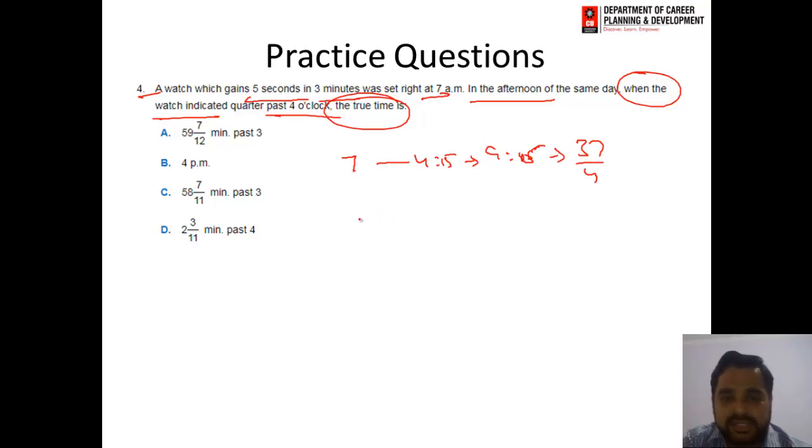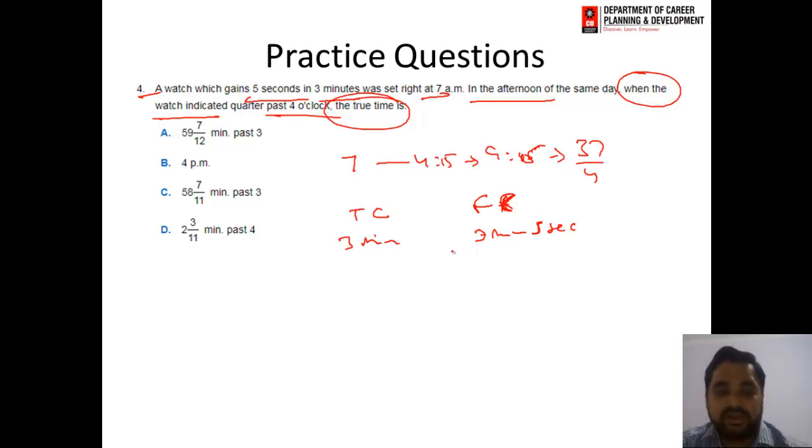But as per the question, here we have the true clock, here we have the false clock. So if in the true clock there is a time of 3 minutes, then in the false clock the time is 3 minutes 5 seconds. If we convert 3 minutes into hours, we have 3 by 60 or 1 by 20 hours. On the other hand, we have 37 by 720 hours.